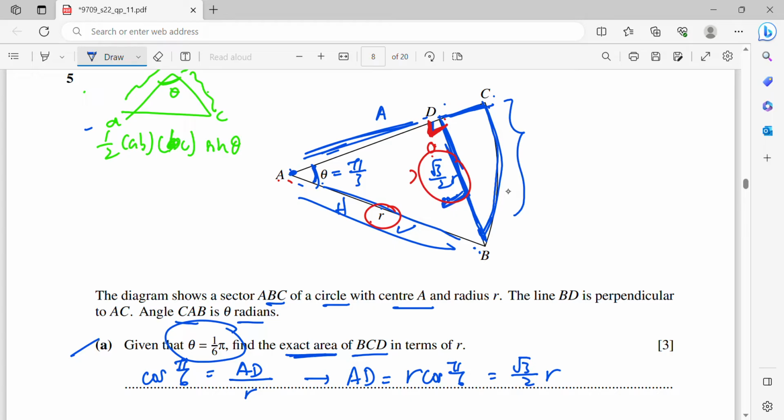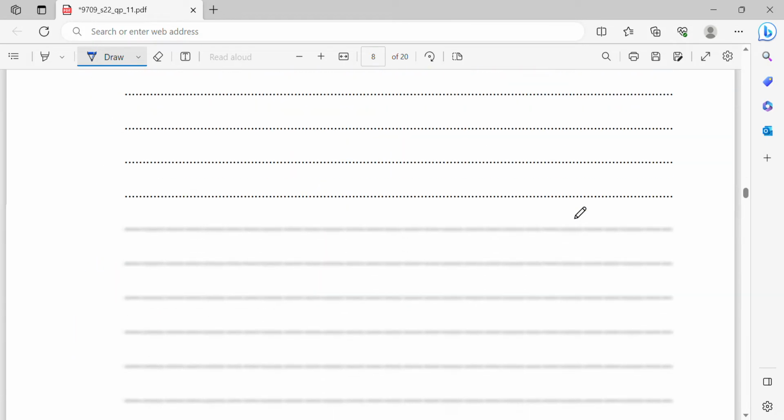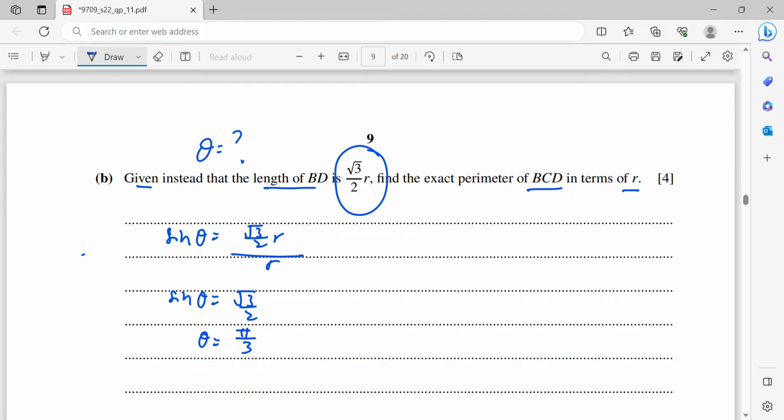Then I need to find what is my AD before I get the DC. So my AD, you can use Pythagoras theorem. R is the hypotenuse. This is the opposite side. Then to get the adjacent, I will just use Pythagoras theorem.